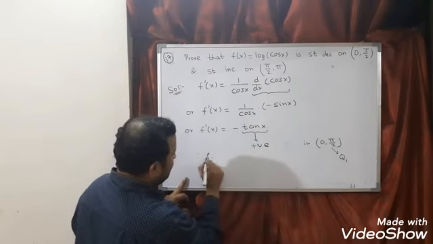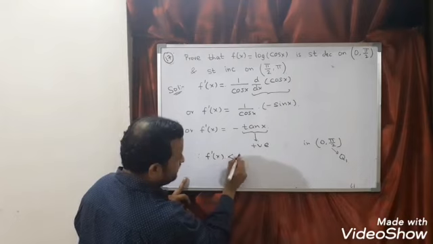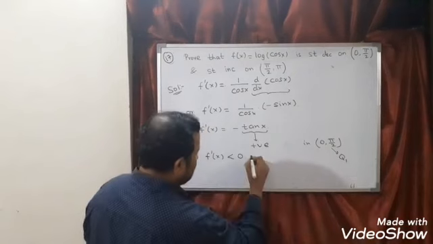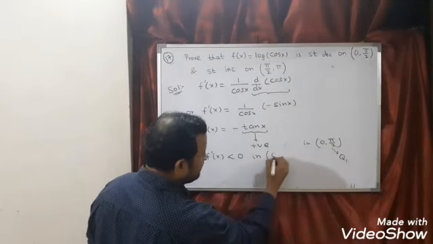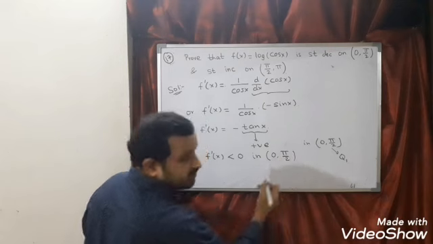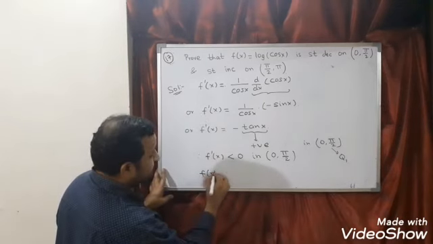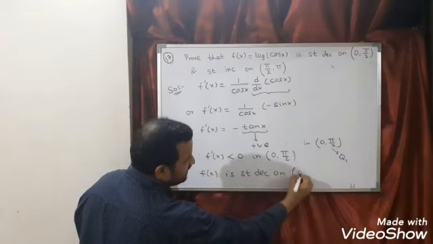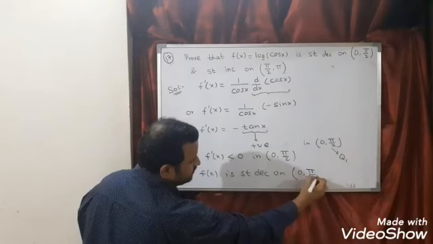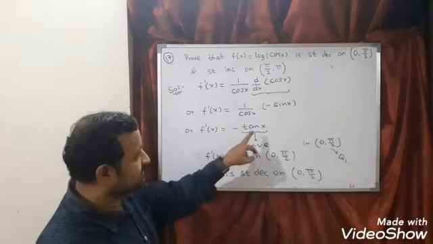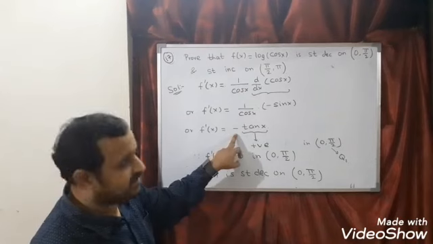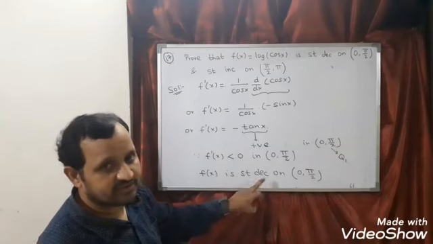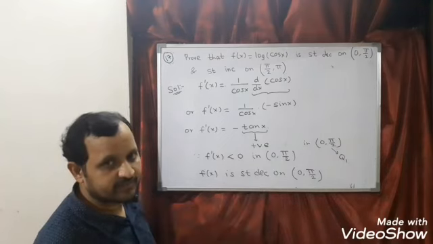So f dash x is negative in 0 comma pi by 2, so f of x is strictly decreasing on 0 comma pi by 2. Hope it is clear. Positive multiplied by negative, the net result is negative. This is the condition for strictly decreasing function.